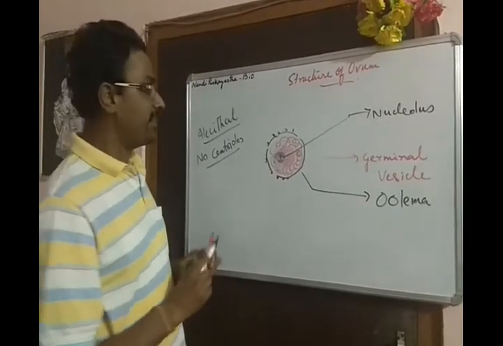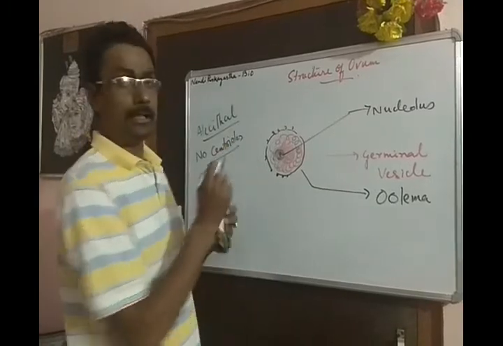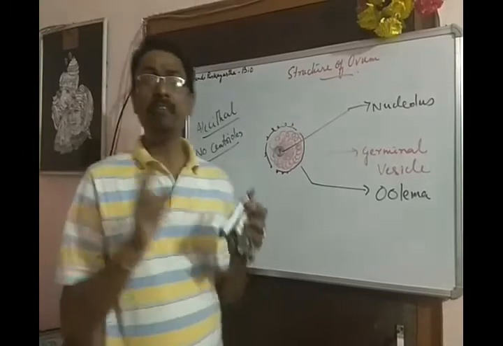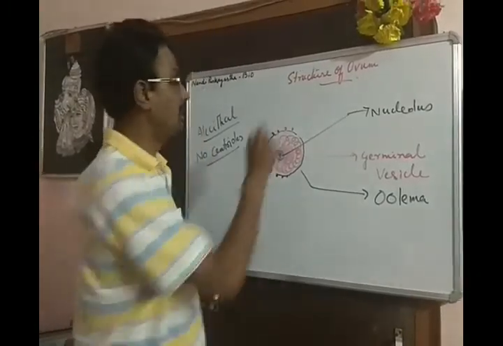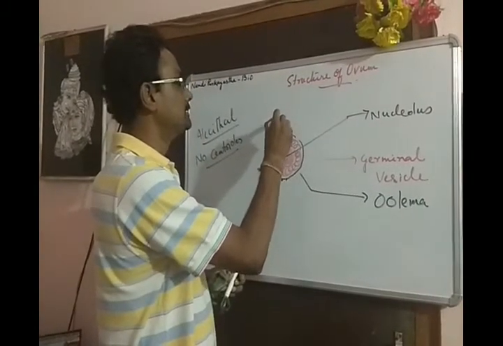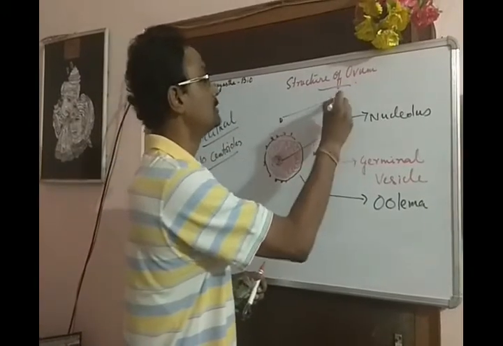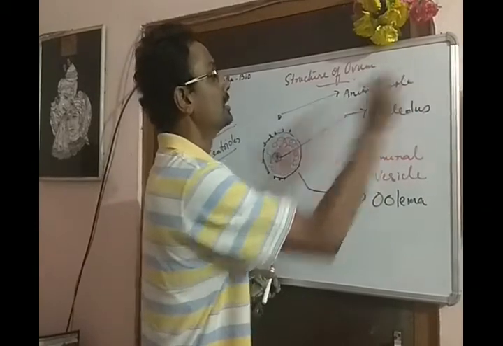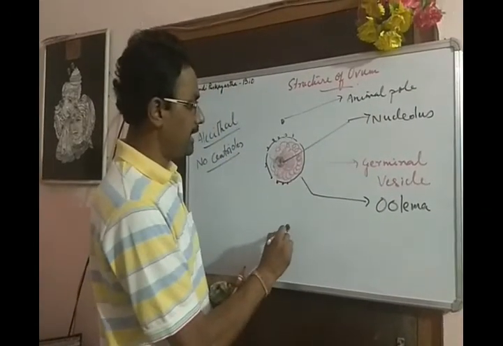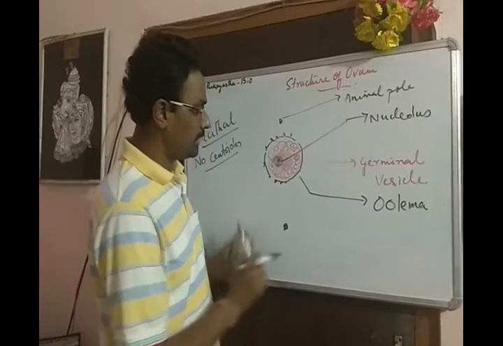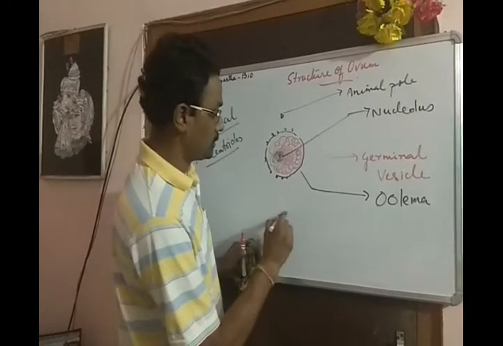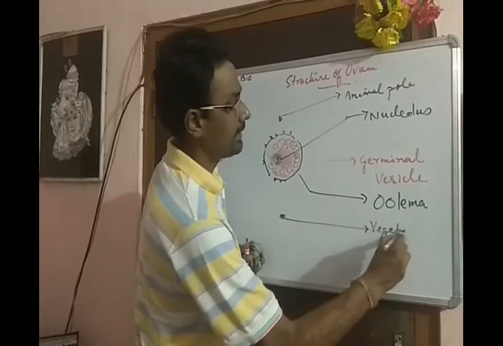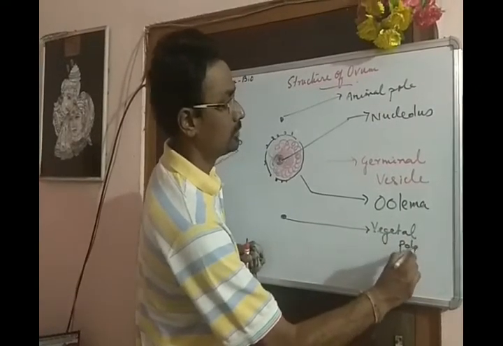Next, we are finding in case of the egg, there are two poles. One is called the animal pole here. Animal pole. And opposite to that is called the vegetal pole, V-E-G-E-T-A-L, vegetal pole.